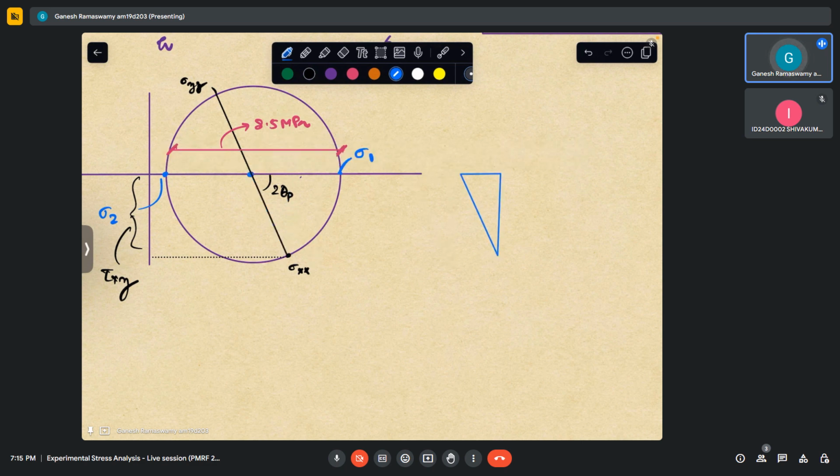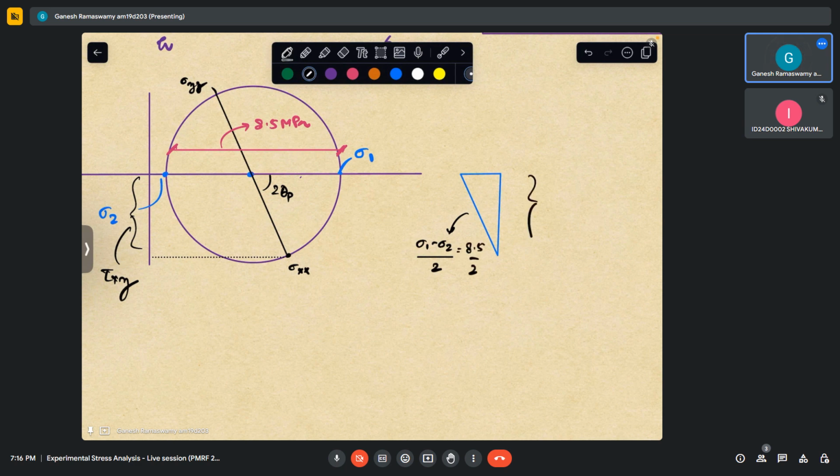This side's length is nothing but sigma 1 minus sigma 2 by 2, which is the radius of the Mohr circle, equal to 8.5 by 2.